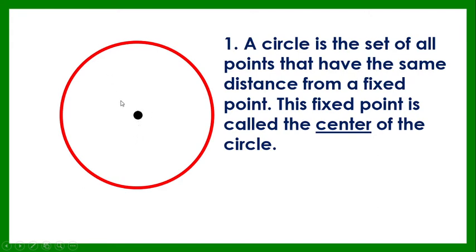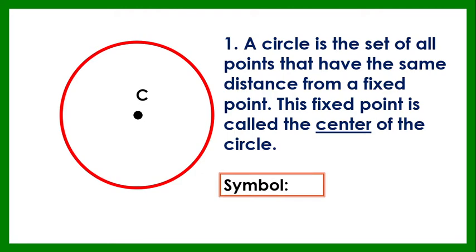This point is the center or fixed point with a label of point C. So point C is the center or fixed point. To name this circle, it will read as circle C.